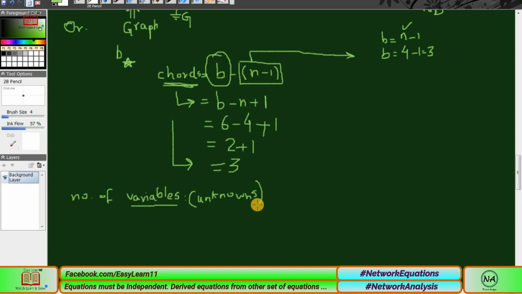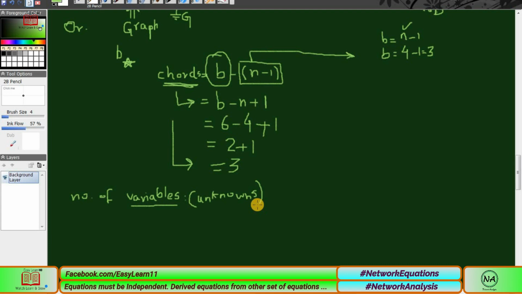For example, x1 plus 2y1 is equal to 4, x2 plus 5y2 is equal to 0, these types of 2 equations. If we have 3 unknowns, we need to define 3 equations for solving the problem. This is a simple rule. Look at the number of the variables and the unknowns, and then write the equations.